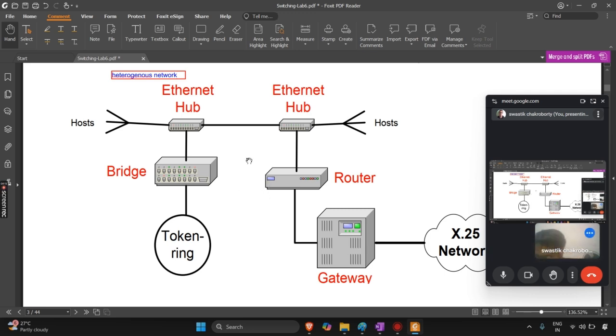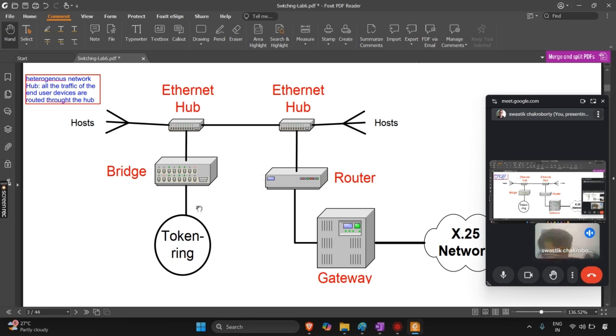In a hub, all the traffic of the end user devices is routed to the hub. So the hub just routes all the traffic that comes to the hosts.